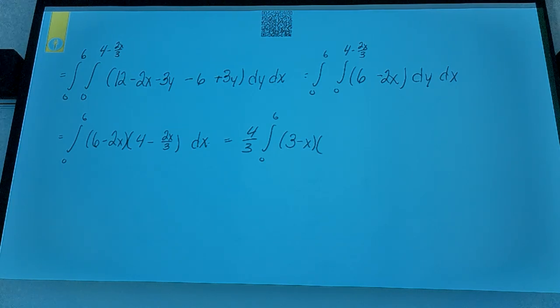Four divided by 2 is 2 times 3, 6. FOIL that. 18 minus 9x plus x squared.